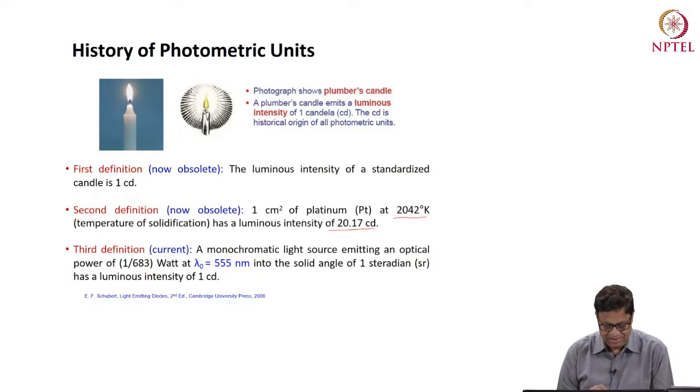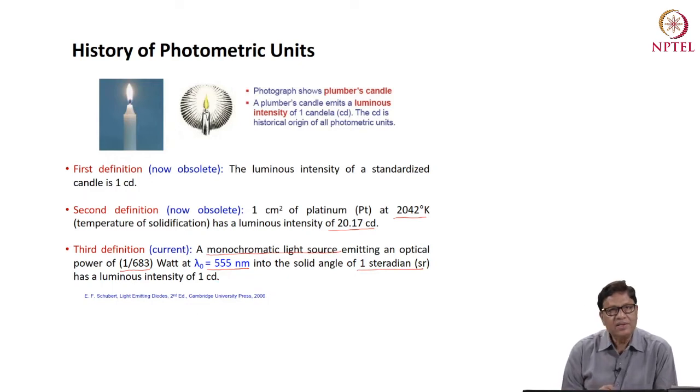The third definition, which is the current and accurate definition, uses a monochromatic light source which has a power of 1/683 watt at lambda equal to 555 nanometer, into a solid angle of 1 steradian.